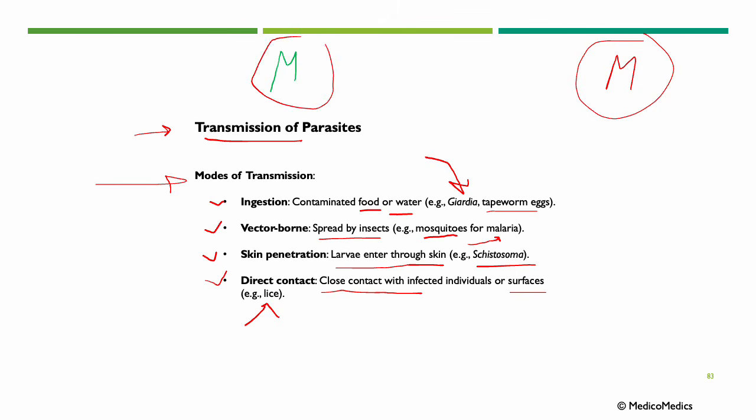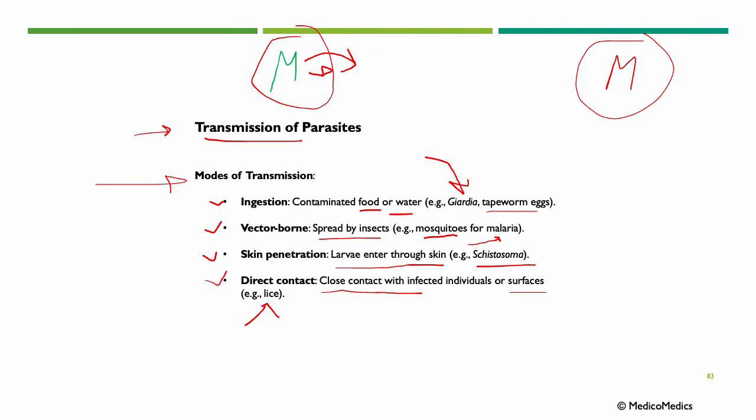So what happens is that this infected Anopheles mosquito bites a human being, okay? And it injects sporozoites into our bloodstream.